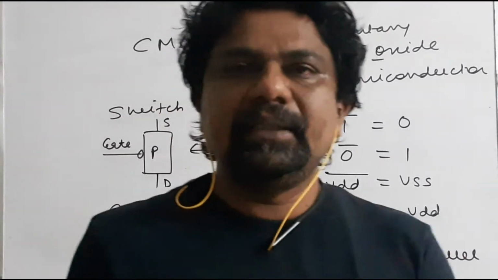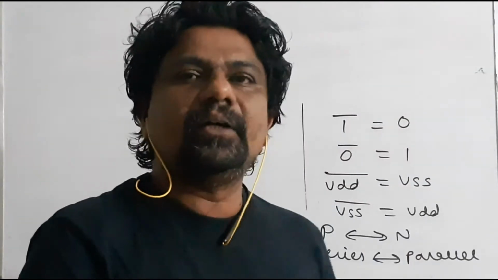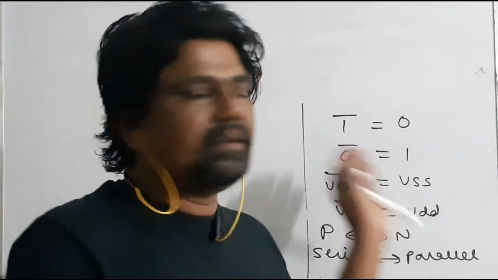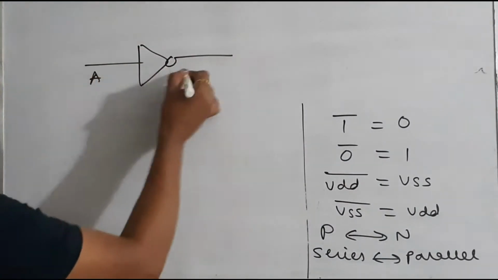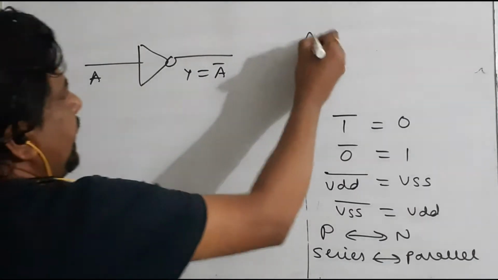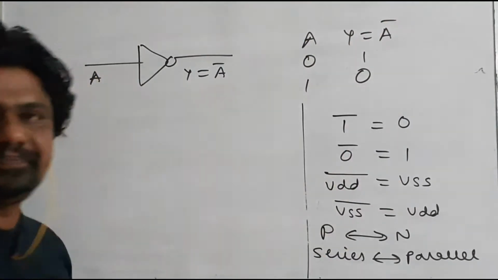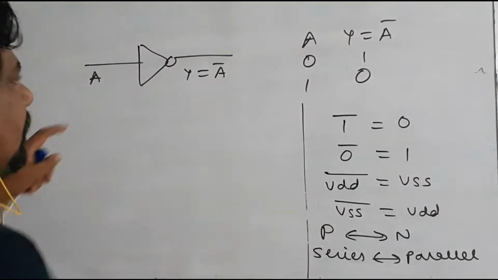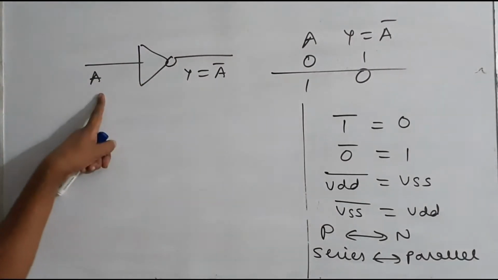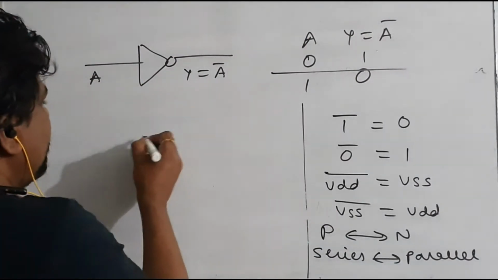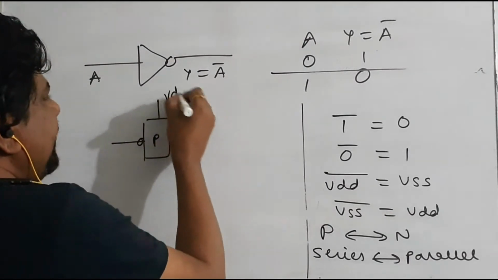So if I consider the CMOS inverter or CMOS NOT gate, let us now try to design the CMOS NOT gate. So NOT is there. This is A. Y is equal to A bar. A is 0, 1. Y is equal to A bar, 1, 0. NOT: output is complement of the input. So I will use here PMOS. This is VDD.